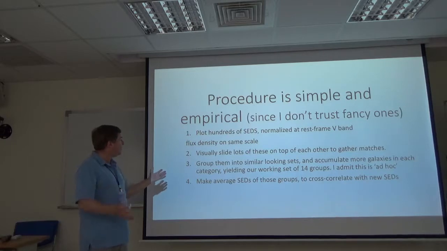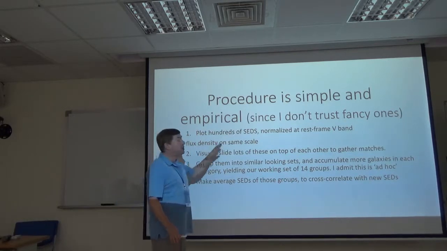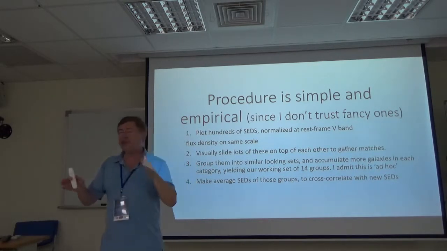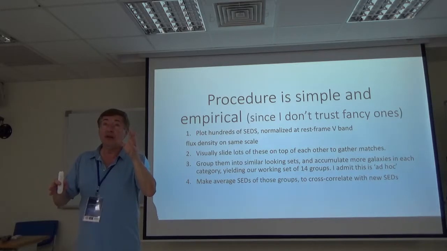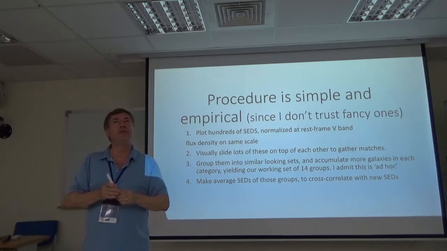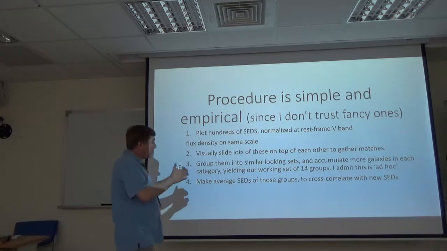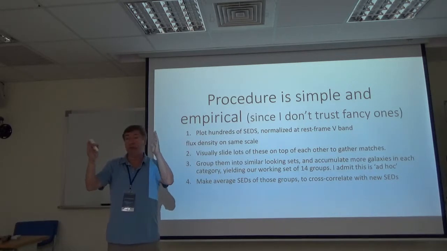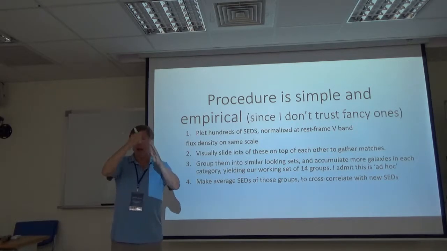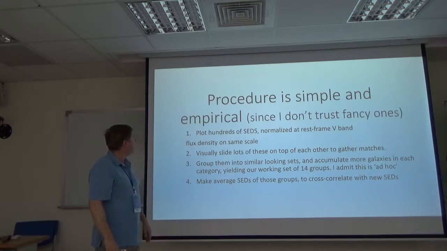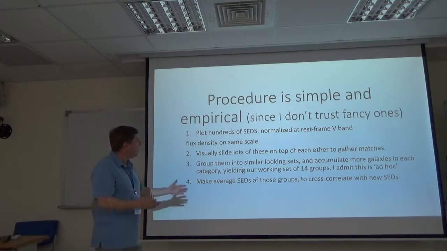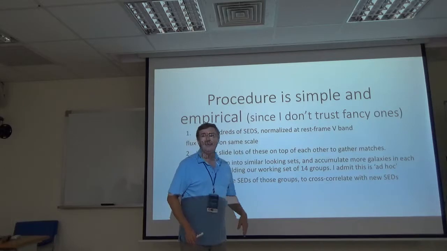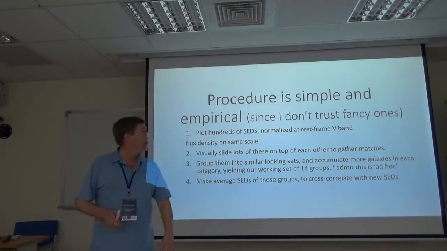So all I did was to get hundreds of rest frame spectral energy distributions from rest frame ultraviolet, basically, to rest frame infrared, and just plot them, make a paper plot on the same scale, log of flux versus log of wavelength, and normalize them to maybe the V band. That's what I did.